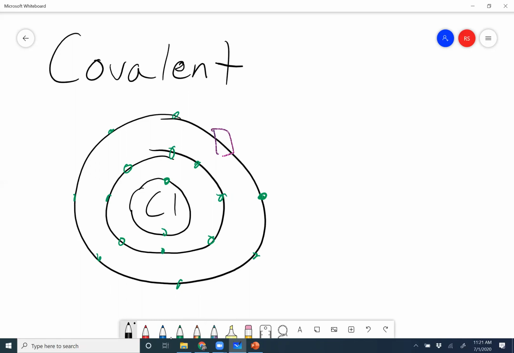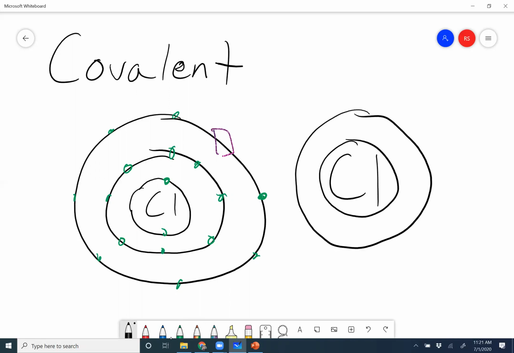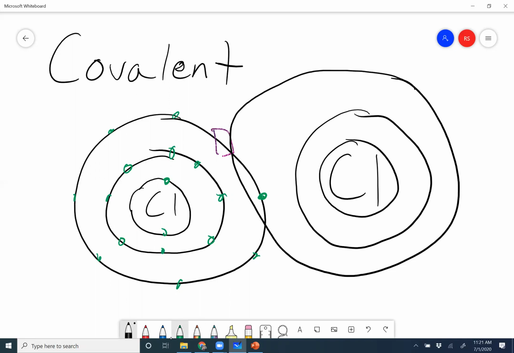So what can you do? What you can do is you can share. And you can do what's called orbital overlap. So now this chlorine's empty box will fit the other chlorine's electron, and this chlorine's empty box will fit that electron. And so they overlap.